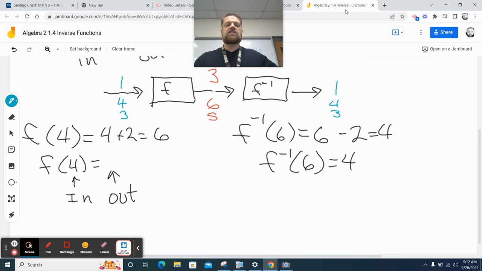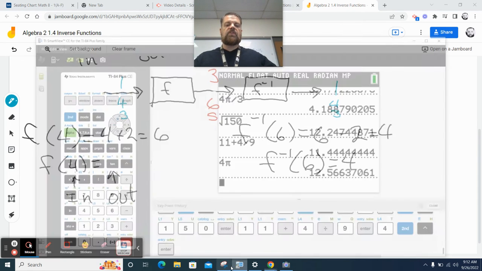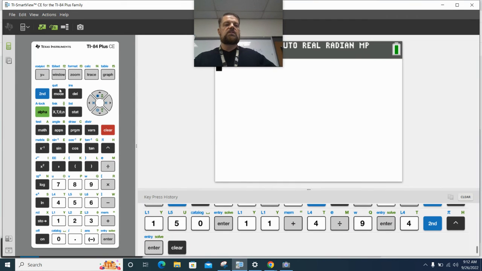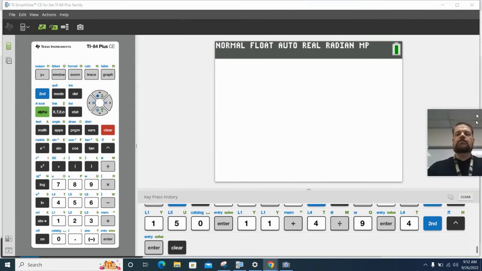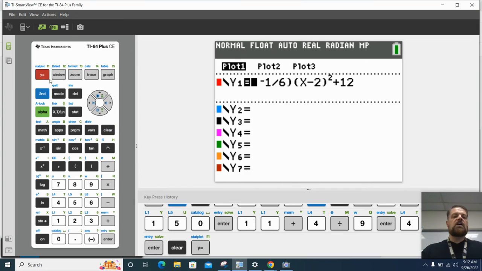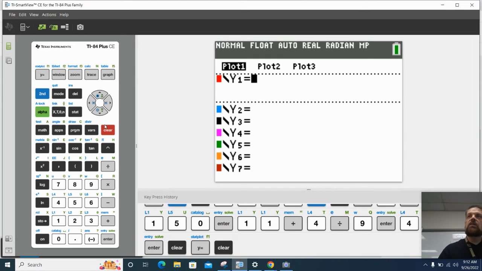Okay. So the inverse undoes what's being done. So let's look at this on our graphing calculator. So fire up your graphing calculators. And let's clear out y equals. Yes. You did 4? Oh, okay. Hurry up and write that down.